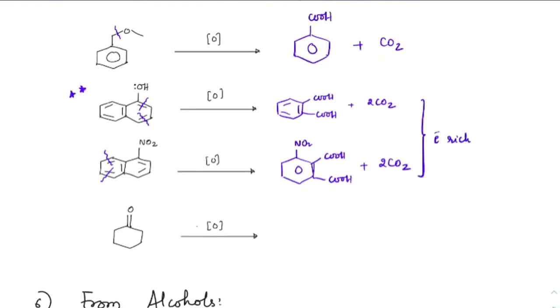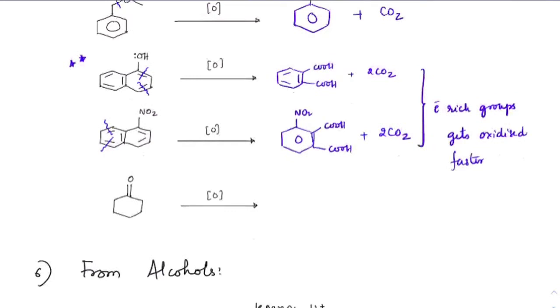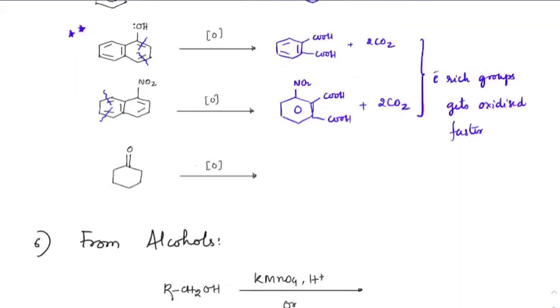Electron rich groups get oxidized faster. Last one is just the keto form here. So keto will first convert into this enol form, and then the bond breaking will take place.